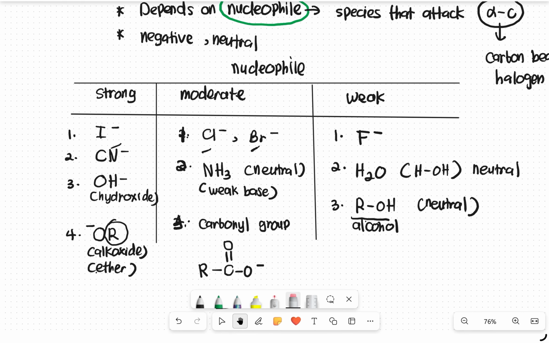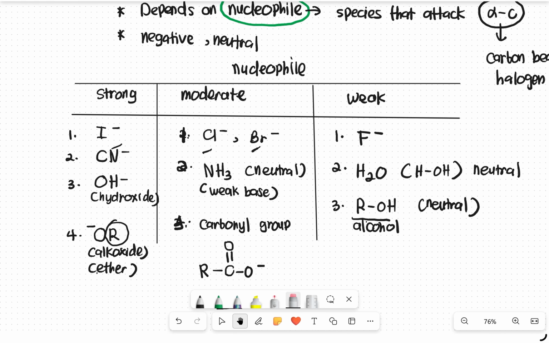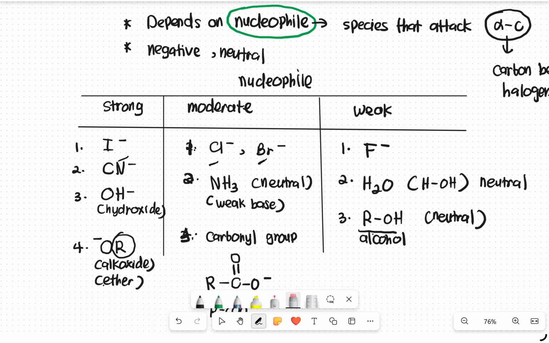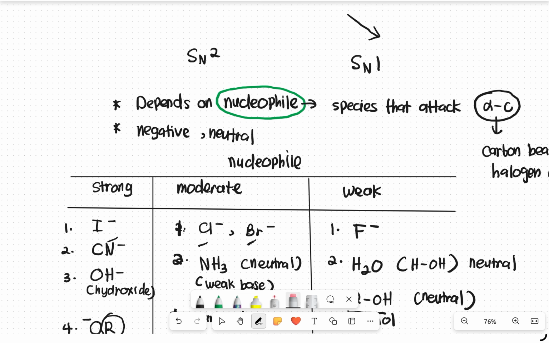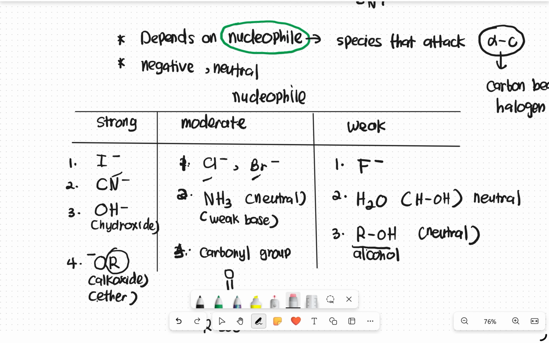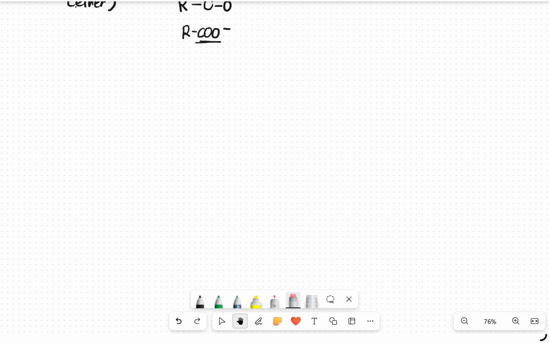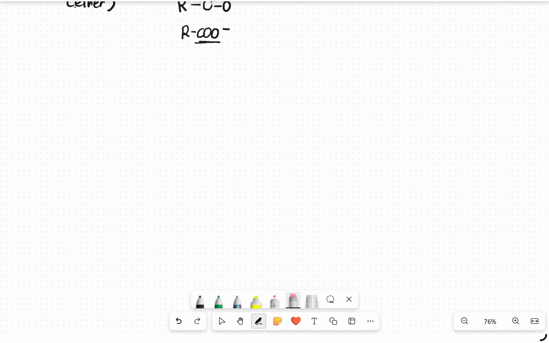So the reactions for SN1 and SN2, as I mentioned, the nucleophile will determine whether the reaction undergoes SN1 or SN2. So now which one undergoes SN2 or SN1? We always focus on SN2 first. SN2 only occurs for primary and secondary alkyl halide.